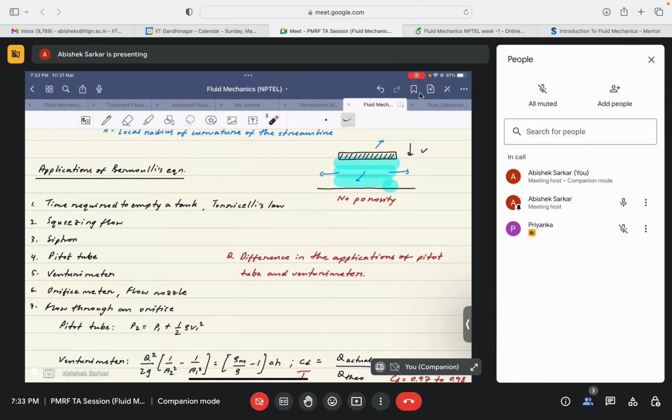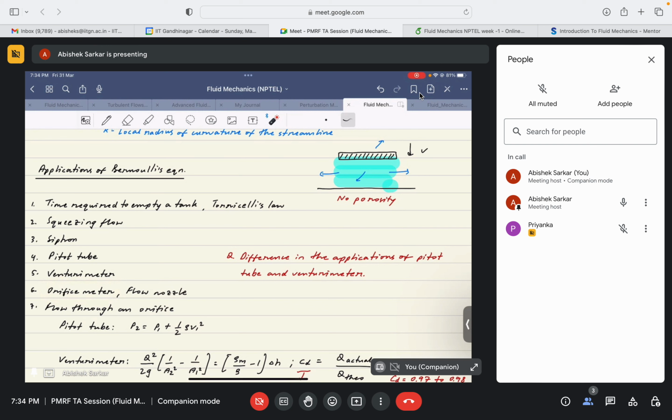If you are attending labs in your colleges, or doing higher studies or research work, you will see that any lab instruments where you measure flow rate and want high accuracy have a venturimeter instead of an orifice meter. That's why the venturimeter is more popular in labs, and in industrial work the orifice meter is more popular because of its low cost of production.